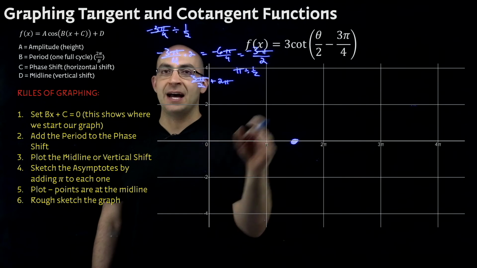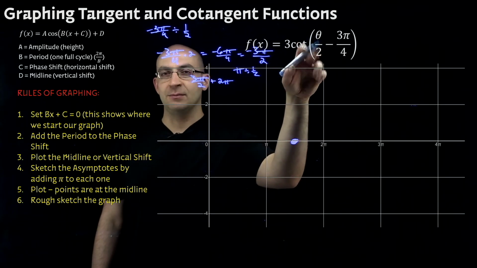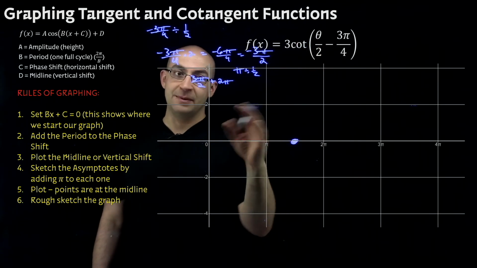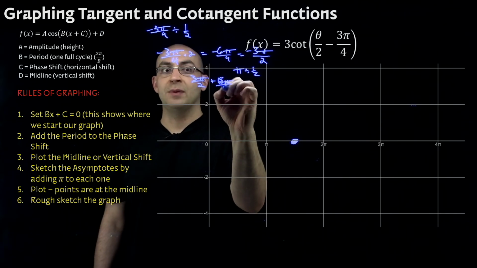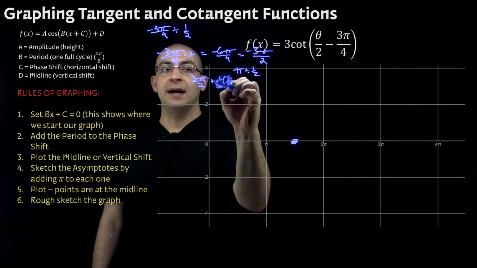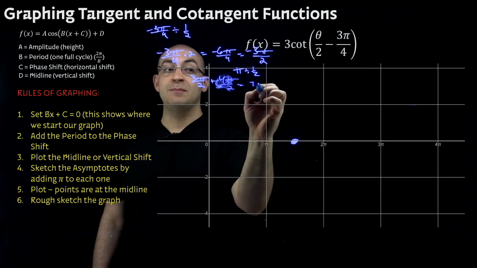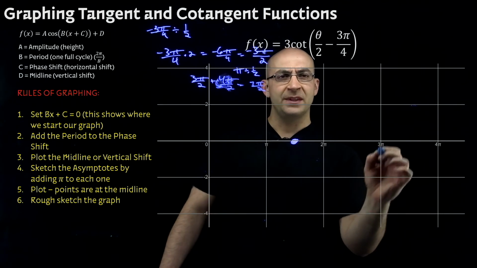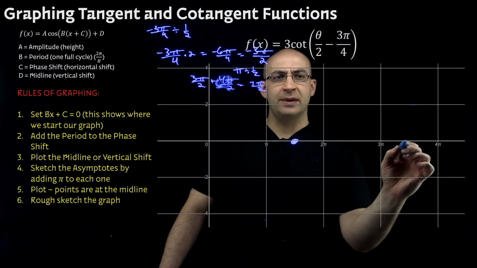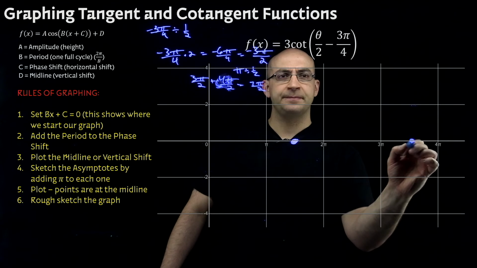Yes, the parent is pi, but because I have some horizontal stuff going on over here, I'm going to be making it 2 pi, which is just going to be 4 pi over 2, which is 7 pi over 2, which is the last value here. So if this was 6 pi over 2, 7 pi over 2 is going to be right about here.